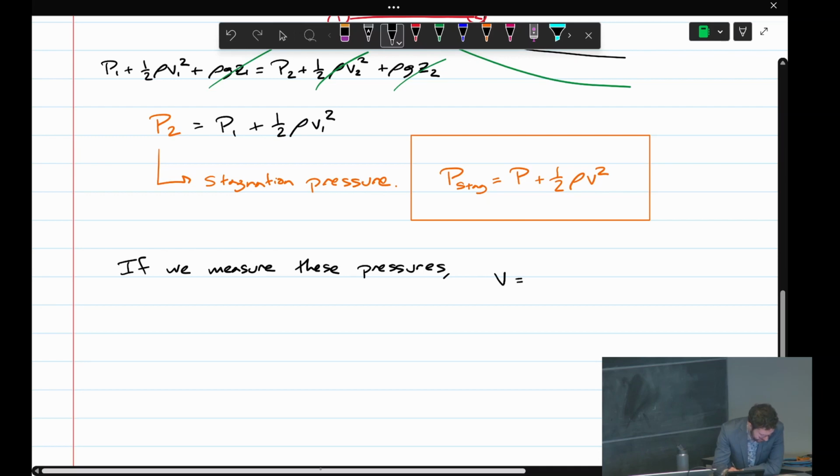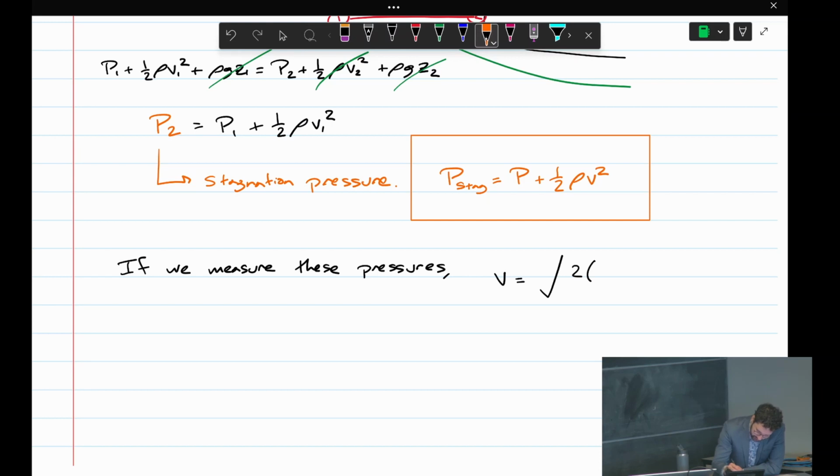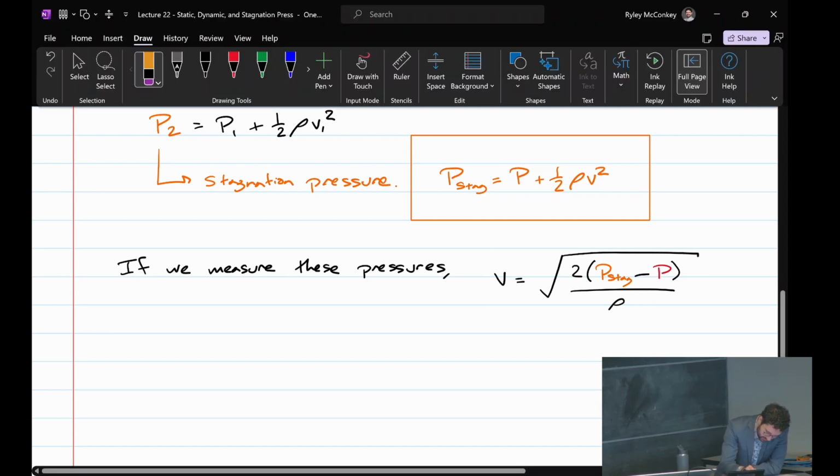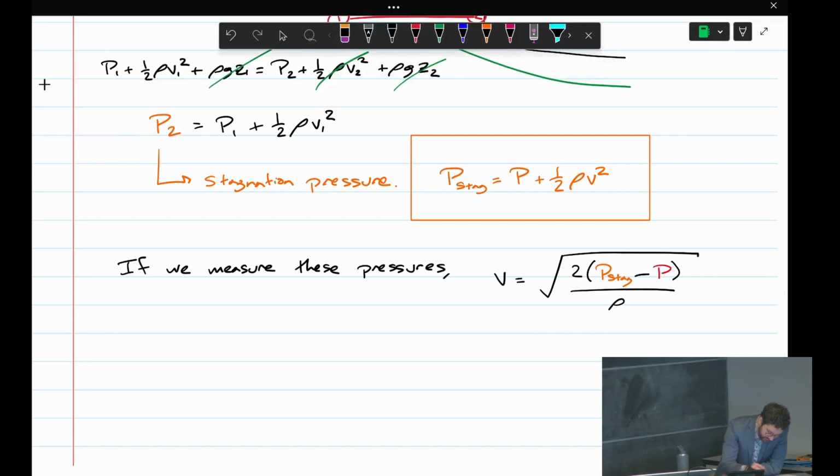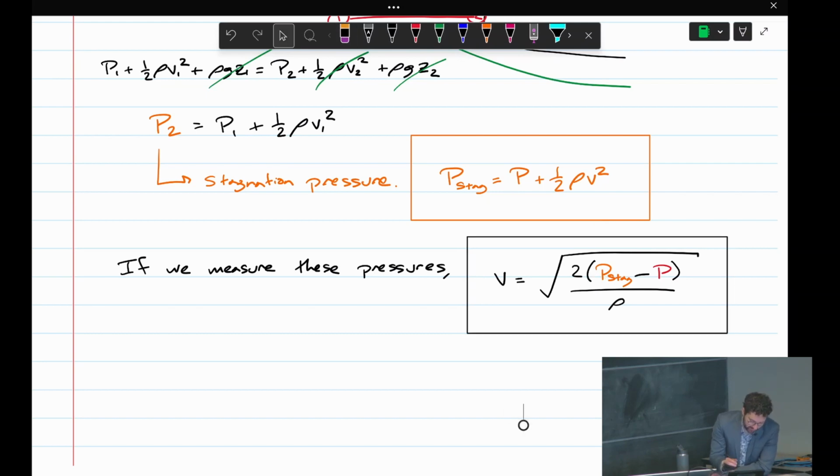That gives us V equals the square root of 2 times (P stag minus P), all over rho. This equation is appropriately called the pitot tube equation, because it's basically the governing equation for a very important measurement technique. So, the pitot tube equation.